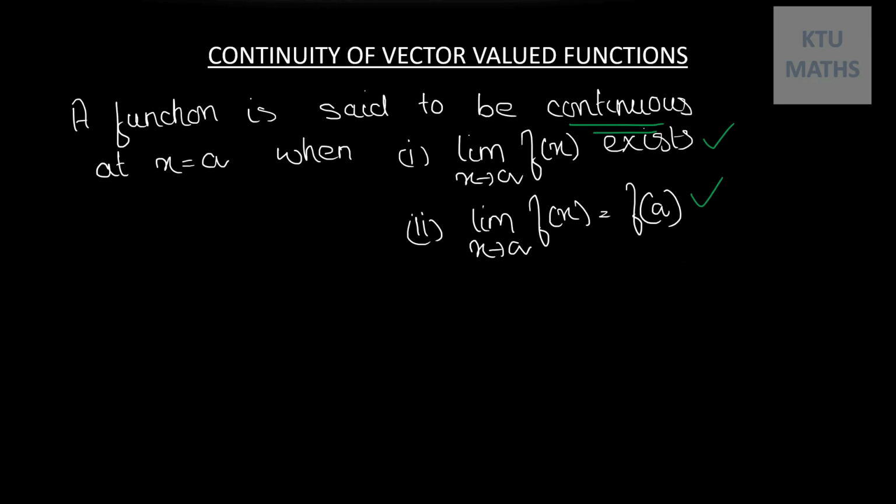First, you have to check the first condition and prove it. If you can prove it, you can go to the second condition. But if the first condition is not satisfied, you need not check the second condition, because you can just conclude that the function is not continuous. Now you may be wondering whether these are valid for vector valued functions also.